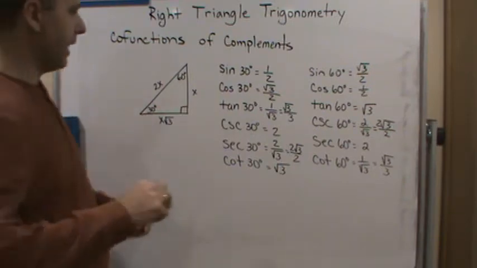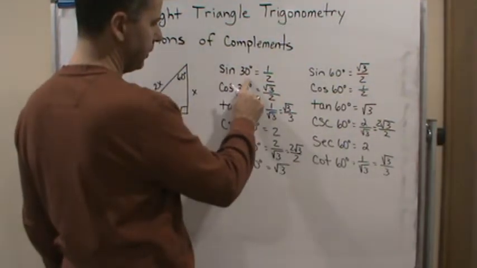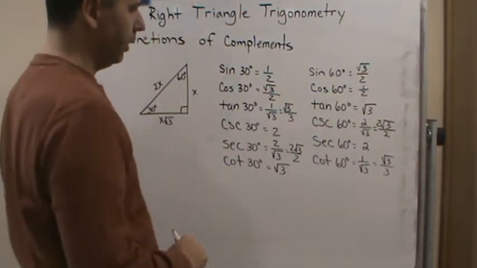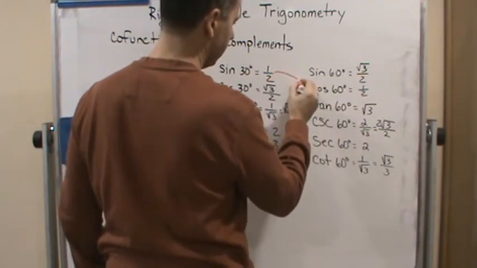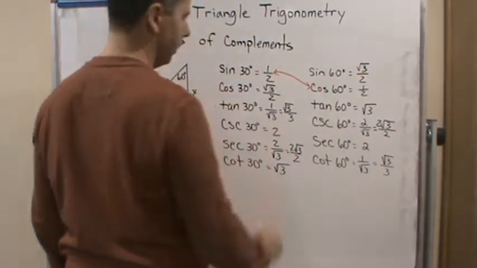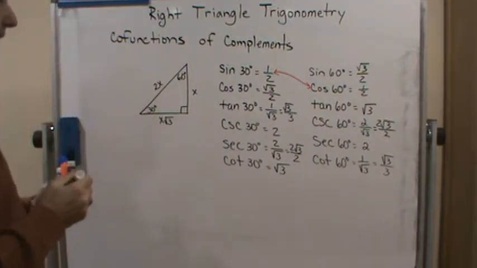Notice that sine 30 is a half, but also cosine 60 is equal to a half.